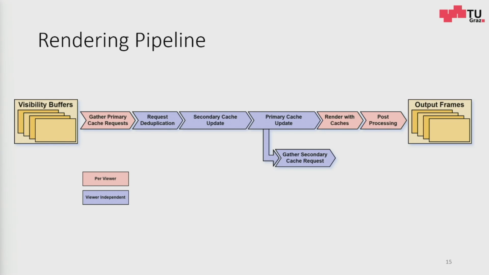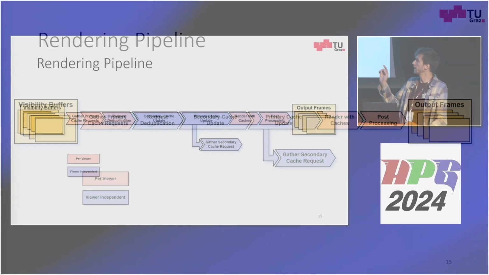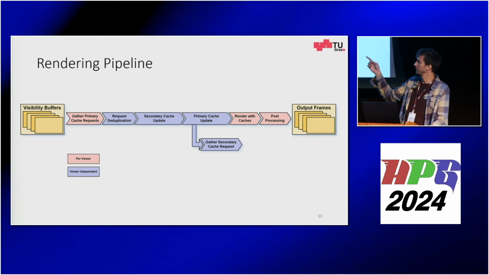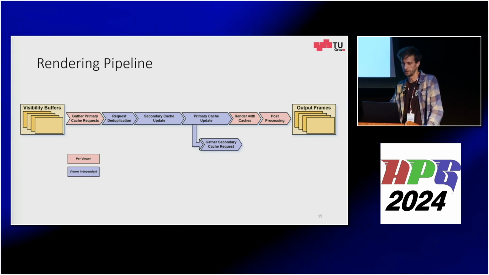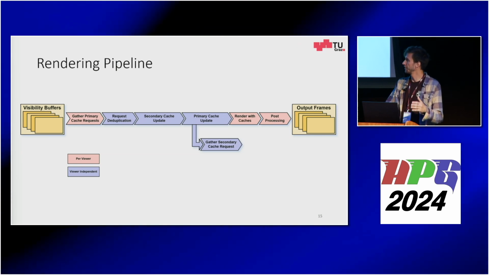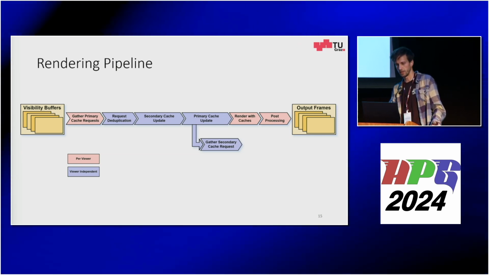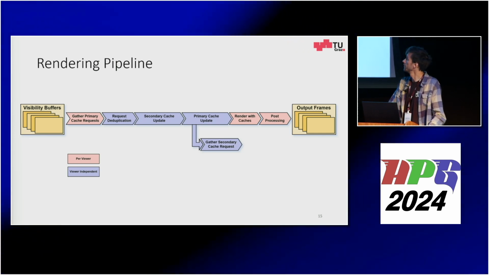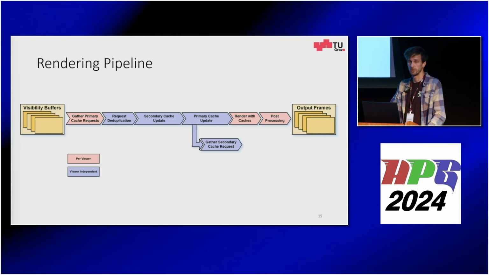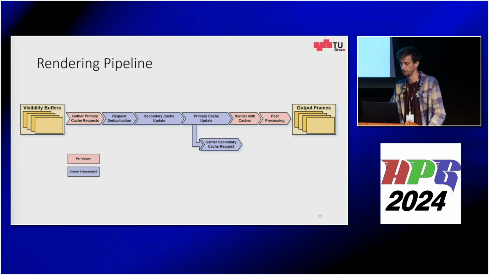Then we start updating our secondary caches, followed by the primary cache update. The primary cache update casts the secondary rays, and those secondary rays then gather the secondary cache requests. This means the secondary caches will be allocated in the next frame, so it's only one frame later. And at the end, for each viewer, we render with the caches, apply post-processing, and then you have your final output frames.